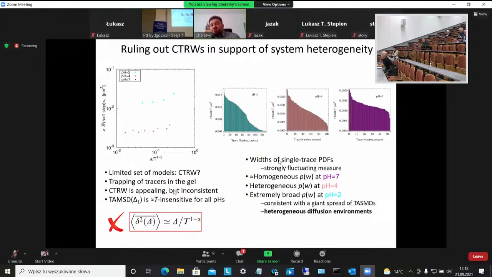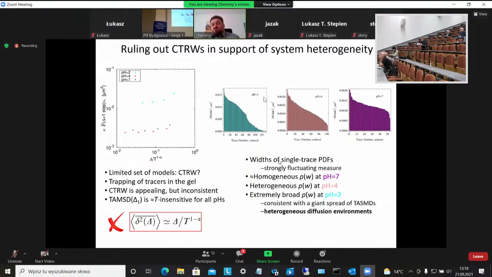So we can exclude continuous time random walk as a model and rather propose a model of a heterogeneous environment. At pH 7, as you see here, all the PDFs have similar widths. So all the particles, in a way, build a very uniform ensemble of particles.